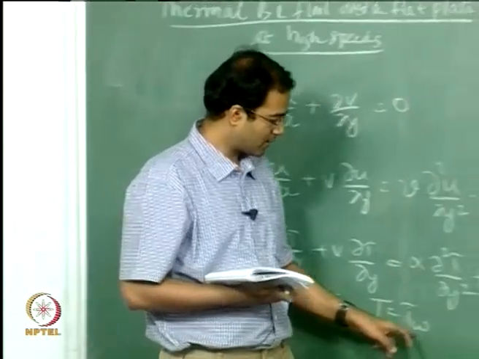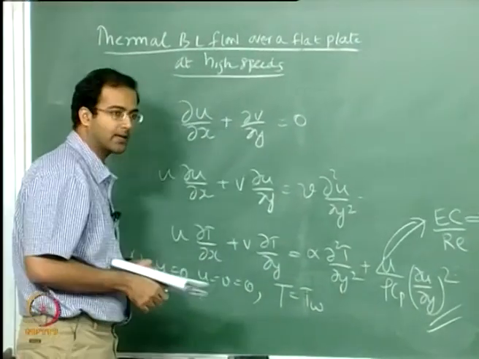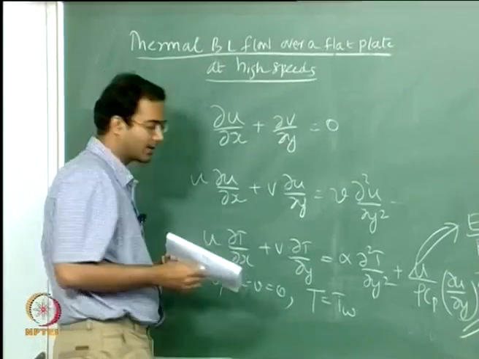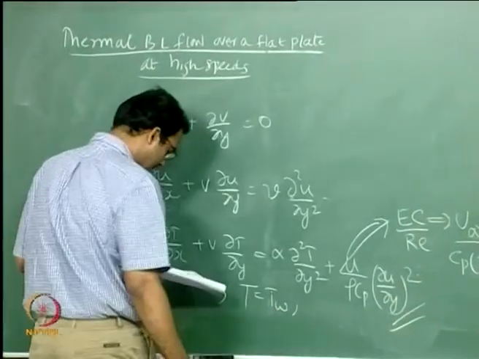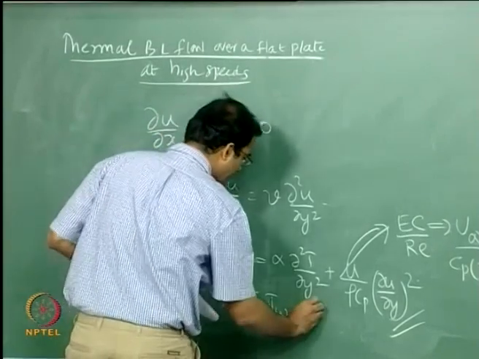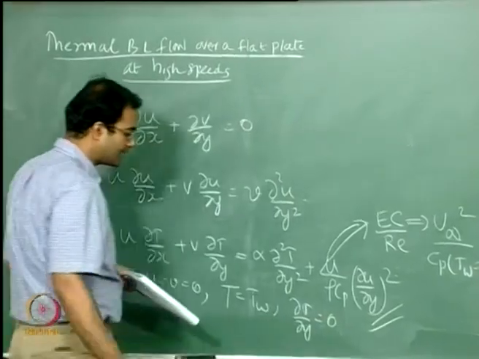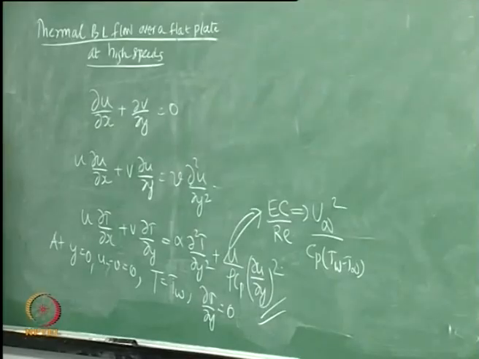So you can also have a heat transfer case even if you do not have any heat transfer through the wall. Therefore you can also maintain a boundary condition that dT by dy is 0. In either of these cases you can solve for heat transfer.